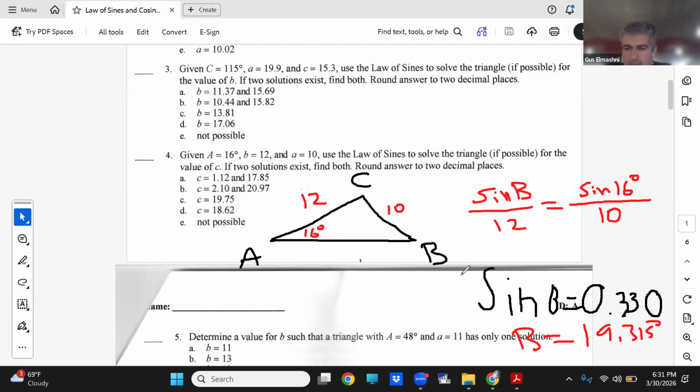So it's slightly bigger than 16, which makes sense because 12 is more than 10. And then you can figure out what angle C is and then solve for little c afterwards. So it's, we'll say 19.3, keep things simple. So that's going to be 144.7.